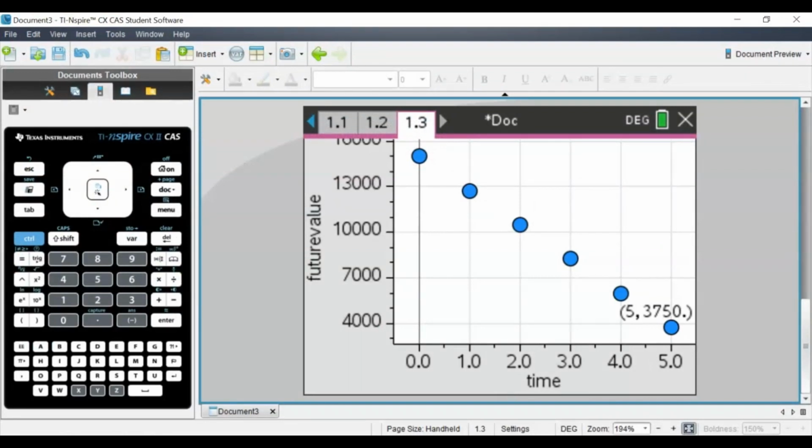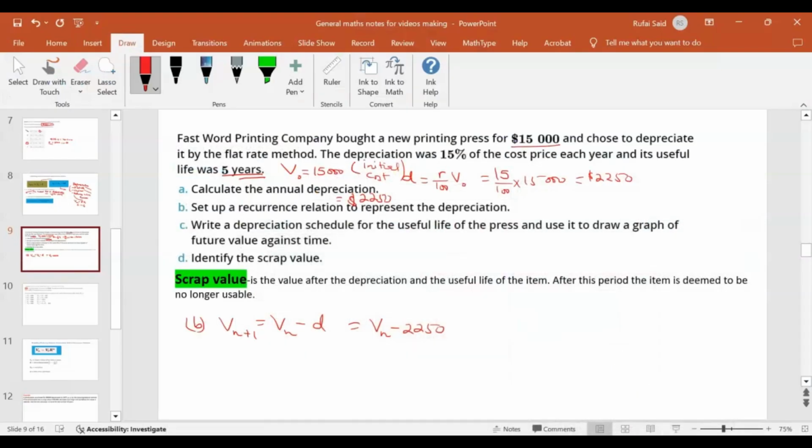The scrap value will be 3,750. So C we have done using the CAS, and D will be 3,750, and that's how you do it.